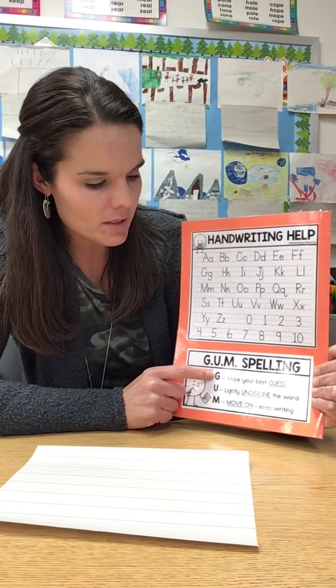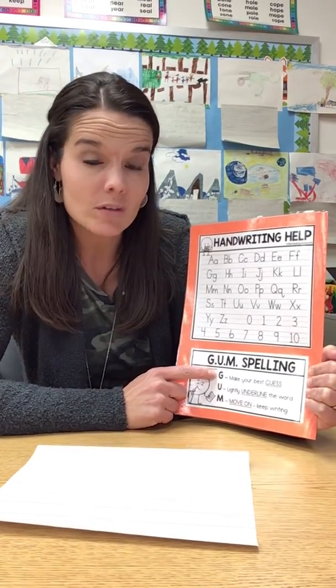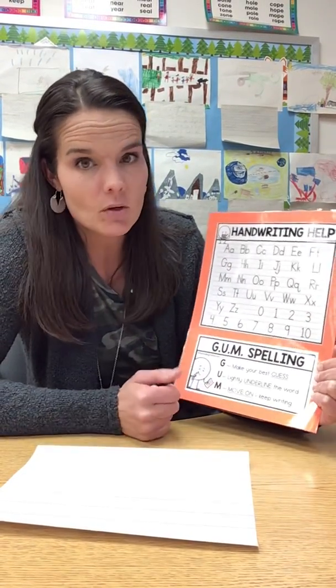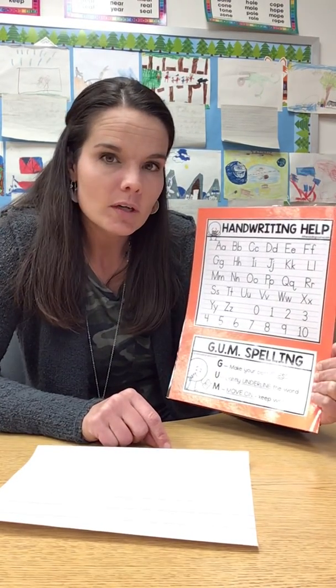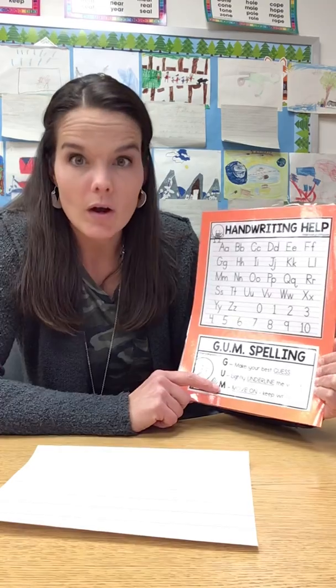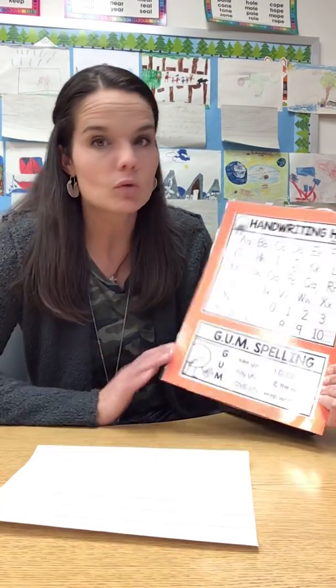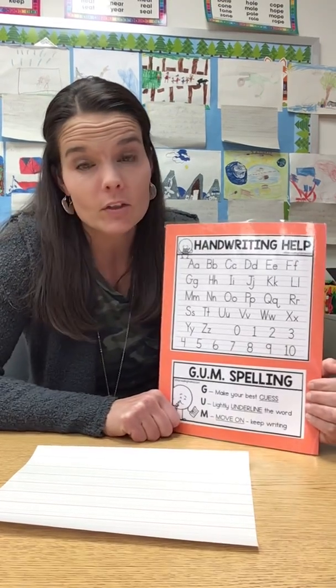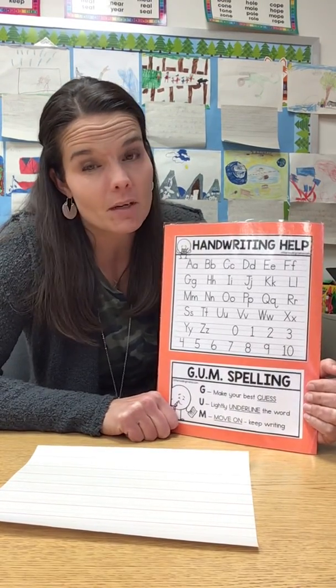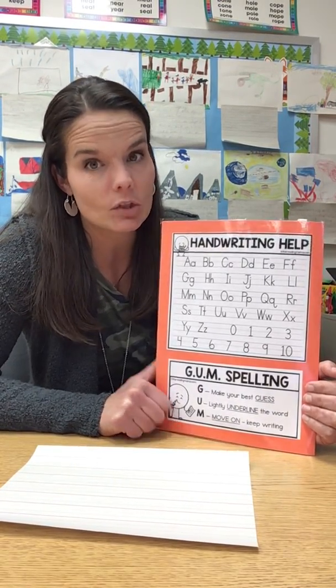Okay, and how that works is first, you make your best guess on how to spell the word. Sound it out and just do your best. That's okay. And if you're not sure, you can lightly underline the word, and then I want you to move on and just keep writing. If you don't know how to spell a word, it's okay. Don't get hung up on it. I just want to hear your ideas in these stories. I don't need to make sure that everything is spelled exactly correctly.